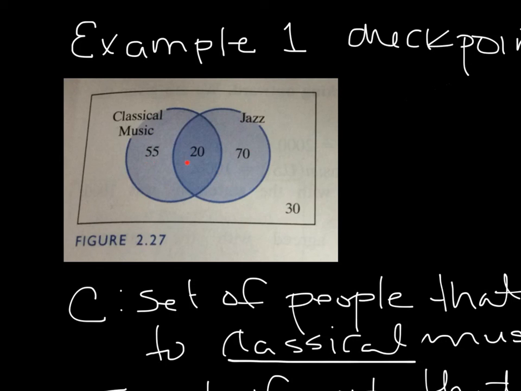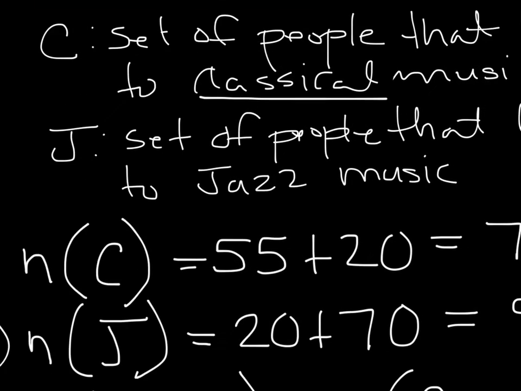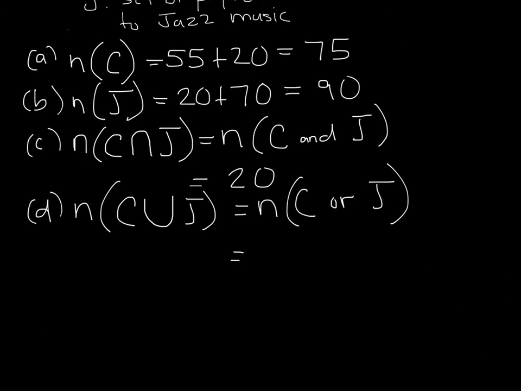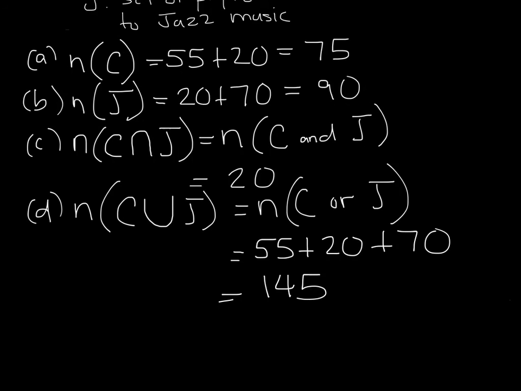So it's 55 plus 20 plus 70, so that's 145. So 145 people like classical or jazz music. Okay, so I'm going to stop here and then I'm going to continue this example in the next video.